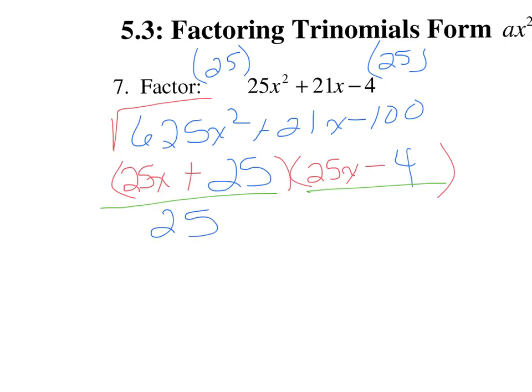The GCF of 25 and 4 is only 1. They're not divisible by any other numbers. And these 2 GCFs multiply to make the 25 we started with. So divide these both by 25. You get x plus 1. Divide these both by 1. You get 25x minus 4.